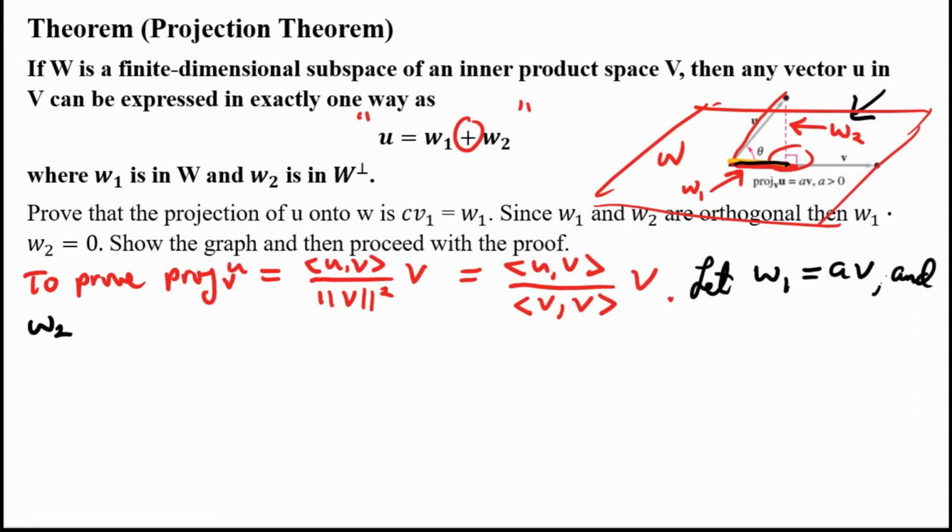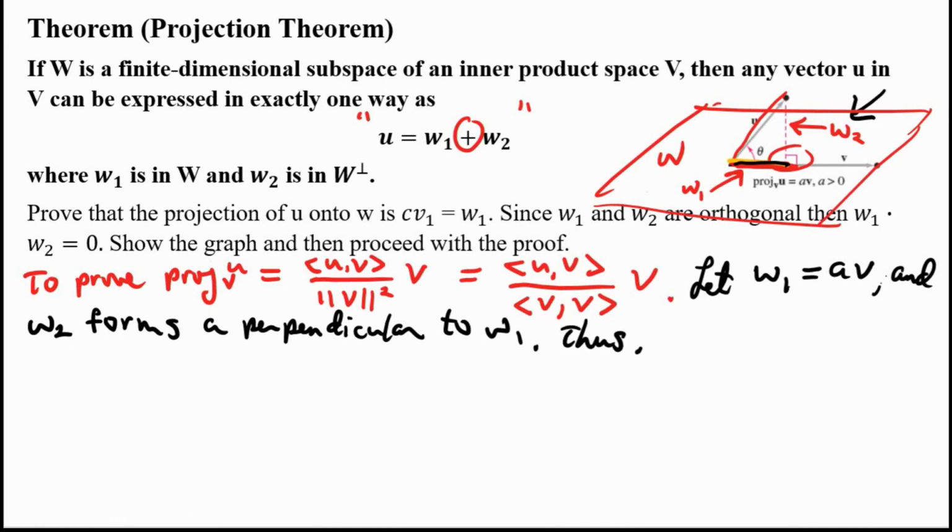And W2 forms a perpendicular to W1. Thus W1 dot product with W2 is equal to 0.